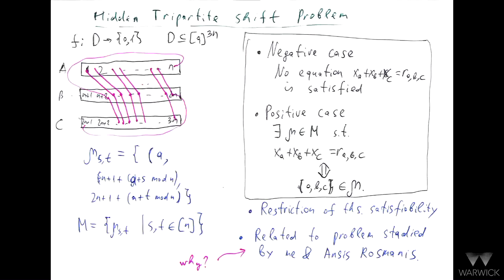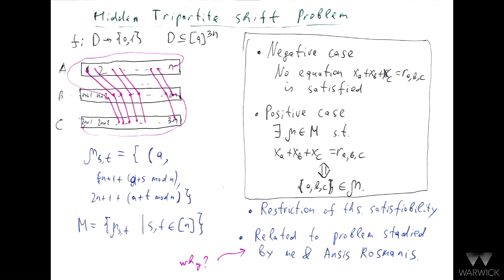We approach this using a slightly different, interesting problem, which we call the hidden tripartite shift problem. This is a restriction of the threshold satisfiability problem that we had previously.